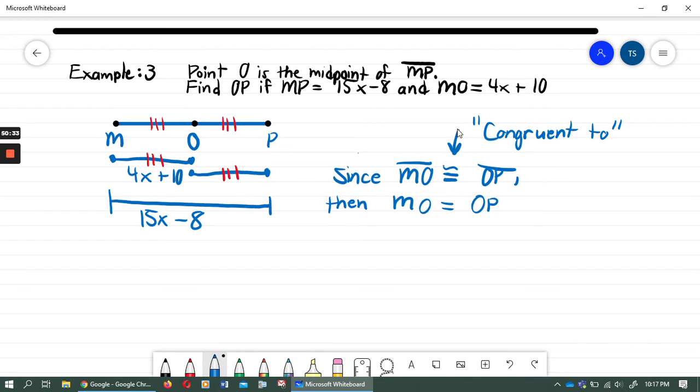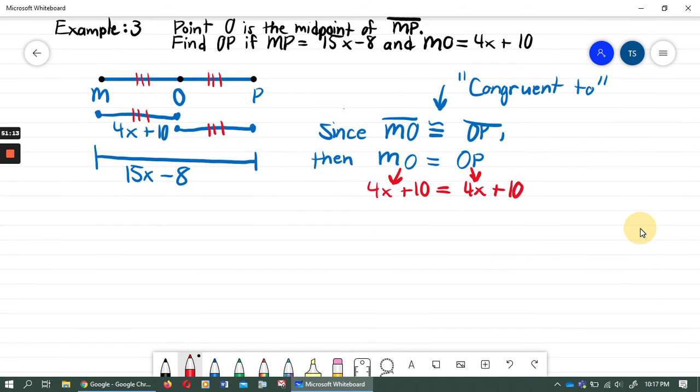And if the length of segment MO was 4x plus 10, that means the length of segment OP has to be the same thing. That should be sort of common sense. Congruent means they have the same measure, so if one of them is 4x plus 10, the other one has to be 4x plus 10 as well.